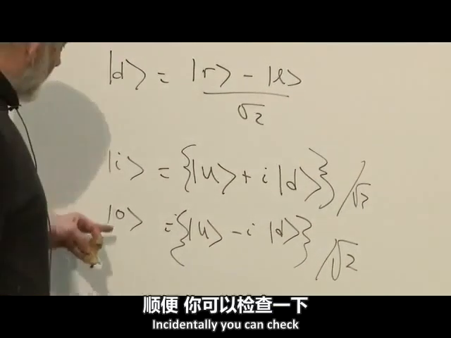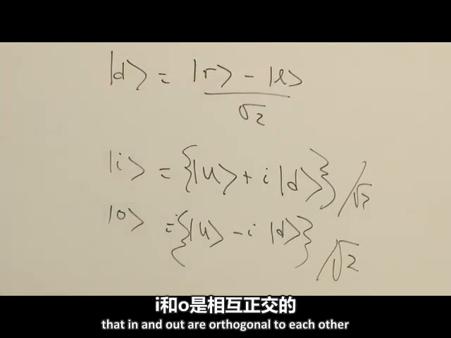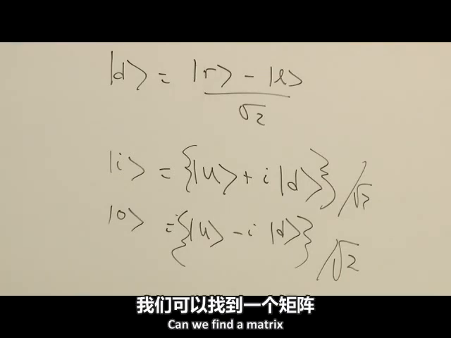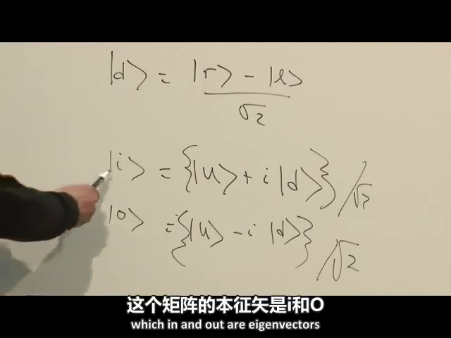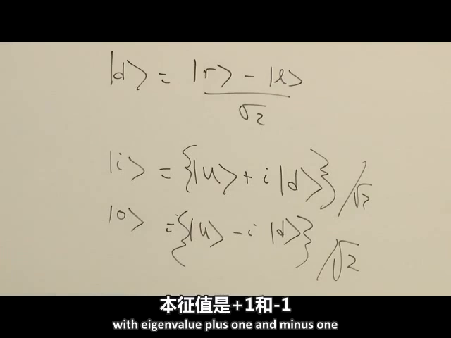Incidentally, you can check that in and out are orthogonal to each other. Okay, there's in and out. Can we find a matrix for which in and out are eigenvectors with eigenvalue +1 and -1?